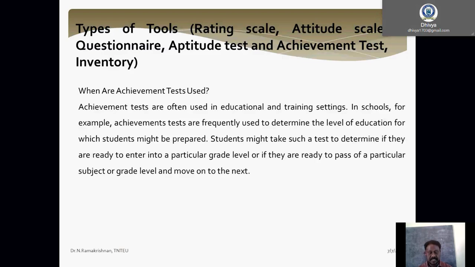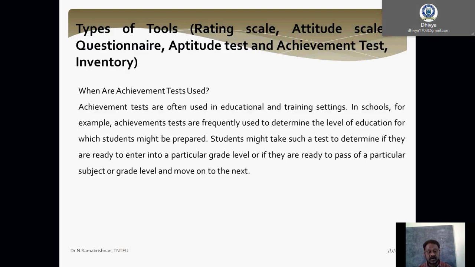In the same way, public exams, the annual exams, are conducted to assess the knowledge and skills of students. After they have identified that the students have passed with a certain percentage, we can promote them to the next level, from 6th standard to 7th standard, from 10th standard to 11th standard.